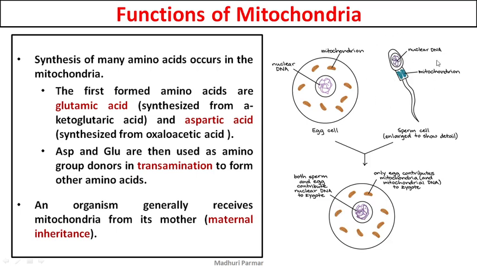So the sperm, the father, does not contribute mitochondria. Only the egg contributes mitochondria to the zygote. So this mitochondria will have DNA which is the same as the mother's mitochondrial DNA. So this is the reason why it is called maternal inheritance. This mitochondrial DNA you can only get from your mother and never from your father.